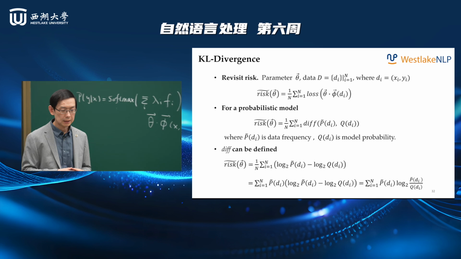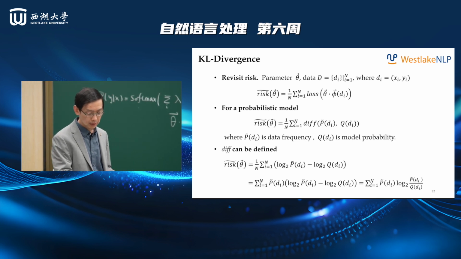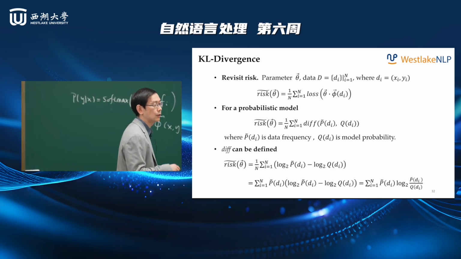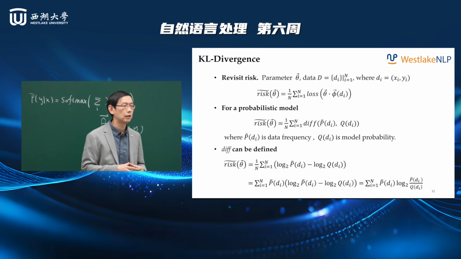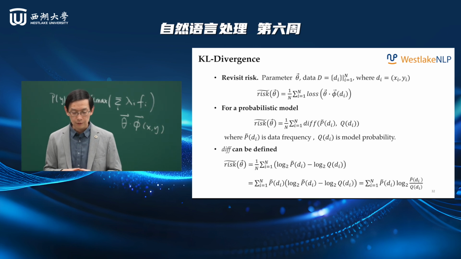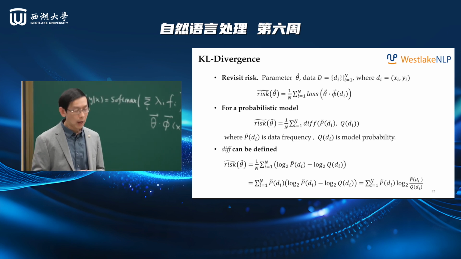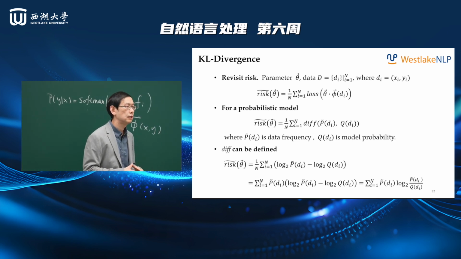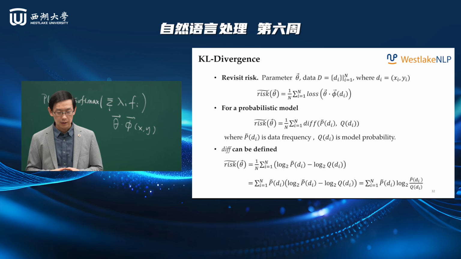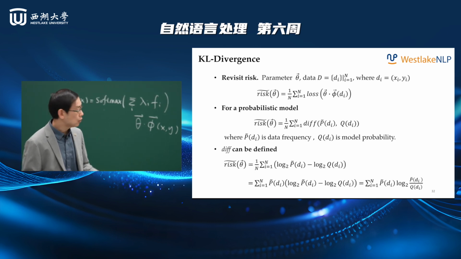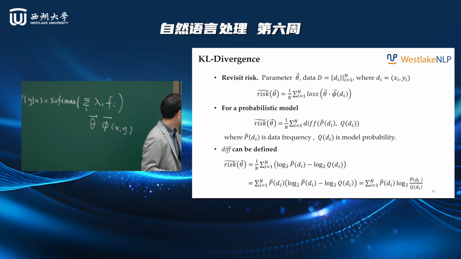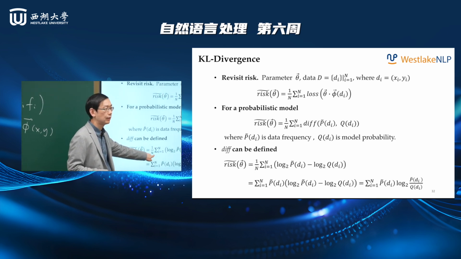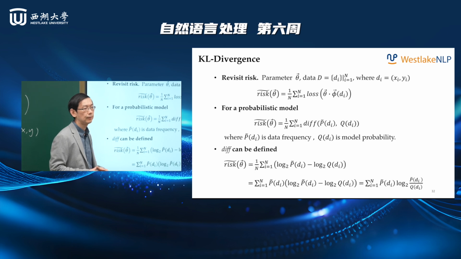So what is this P tilde of d_i then? So let us assume that every training instance d_i is not duplicated. So this P tilde of d_i will be 1 over n, okay? where n is the number of training instances in a data set. And also note that this 1 over n in the very beginning of this risk function is also P tilde of d_i.